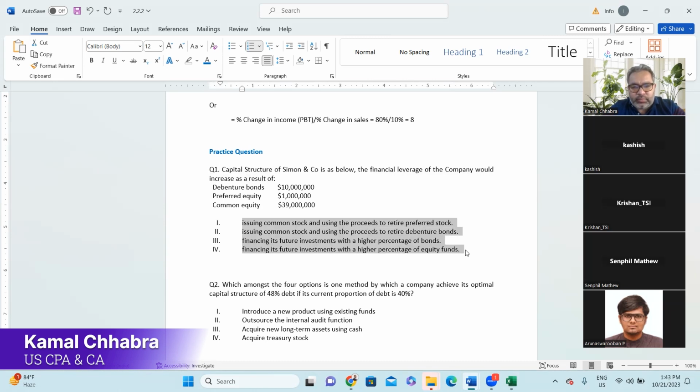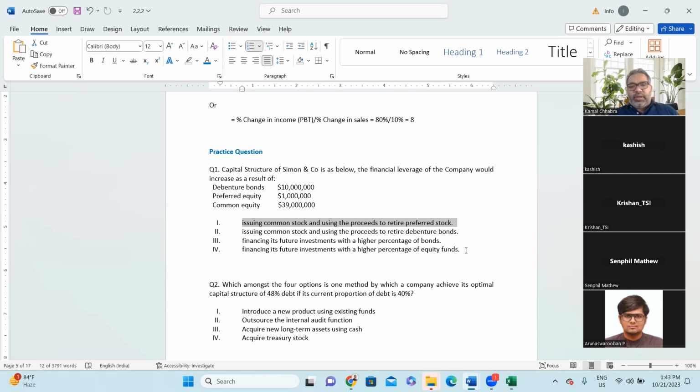Option one: issuing common stock and using the proceeds to retire preferred stock. Will that increase your financial leverage? What is financial leverage?